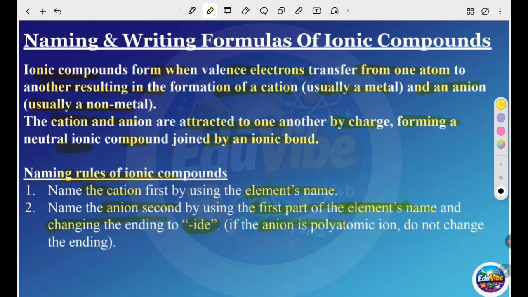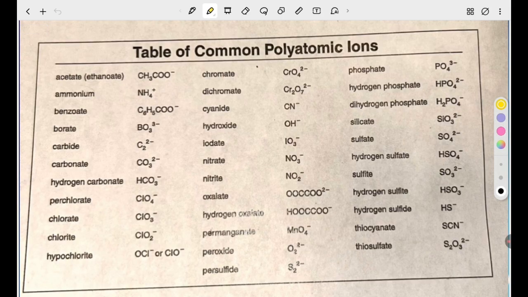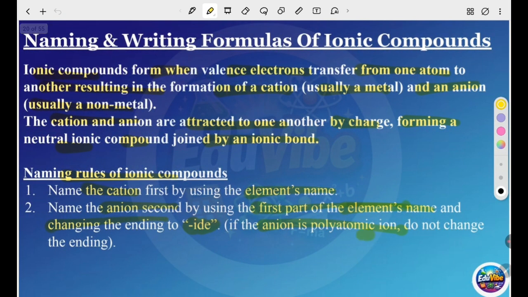If the ion is a polyatomic ion, like those on the data booklet, which lists all the common polyatomic ions, do not change the ending. So we don't need to change the ending of that.